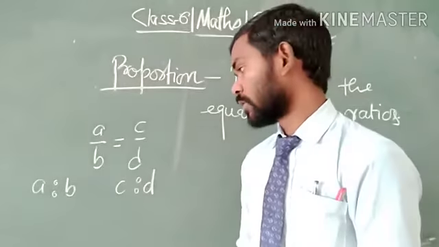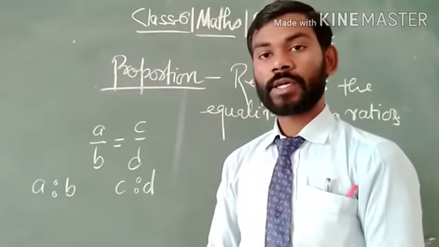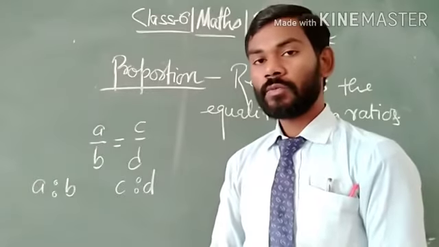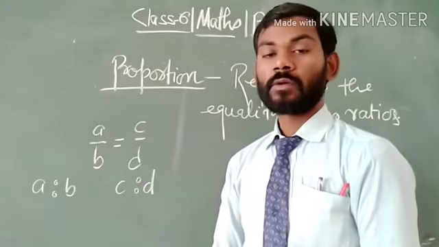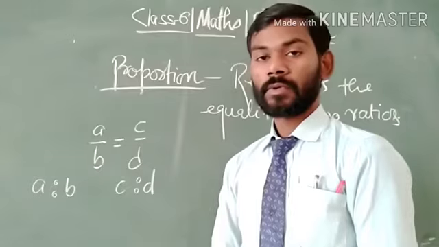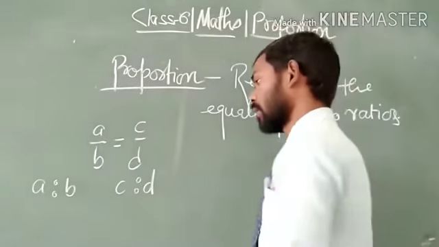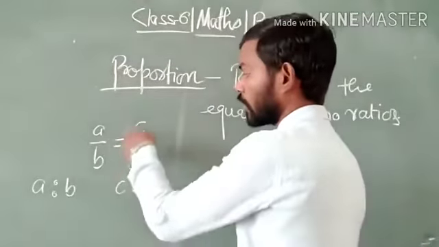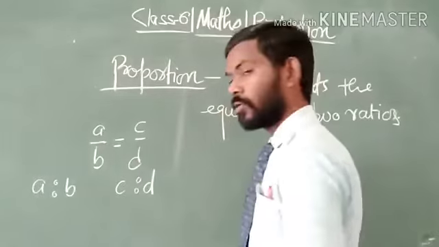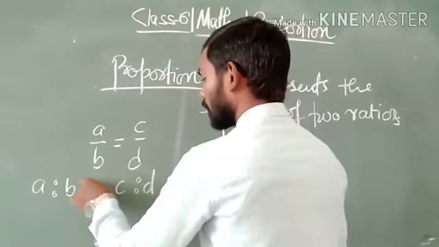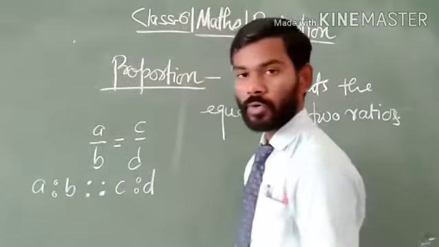Then we define the proportion: if A, B, C and D are any four numbers, they are said to be in proportion if their ratios are equal. Here we represent the proportion by four dots.